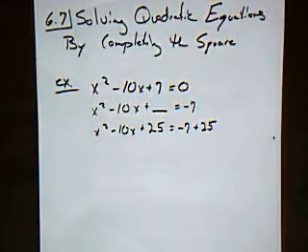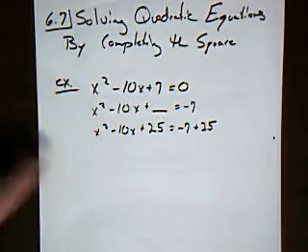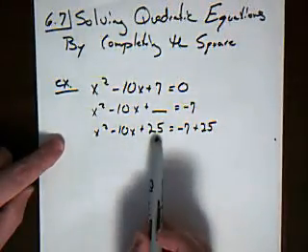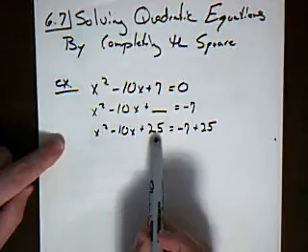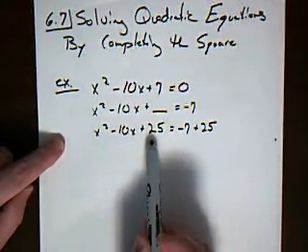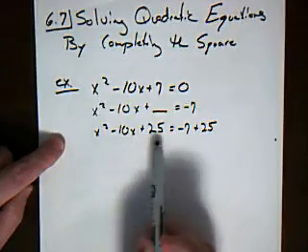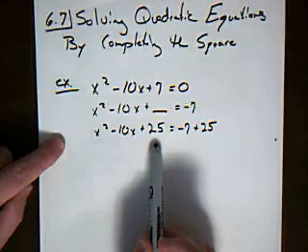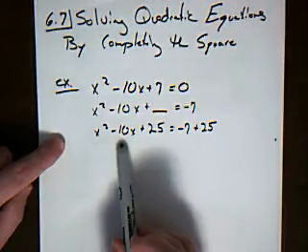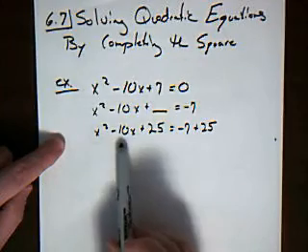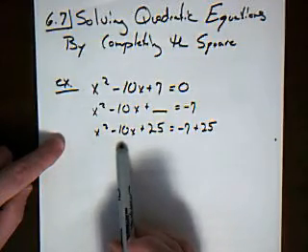Once we're here, normally what you would do is look at this quadratic and see that the first term and the third term are both perfect squares. That is the normal sign that you should think, this might be a binomial squared. If we want to factor this, we ask what factors of 25 are going to add to give us negative 10? Well, negative 5 and negative 5 multiply to give you 25 and add to give you negative 10.